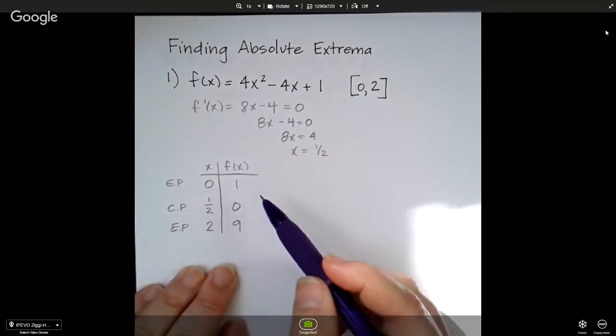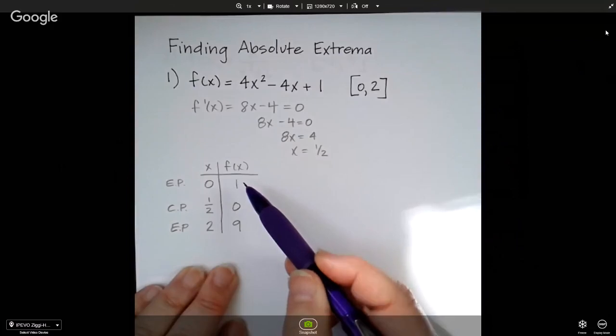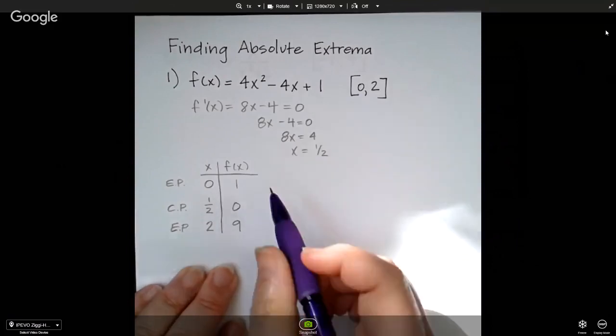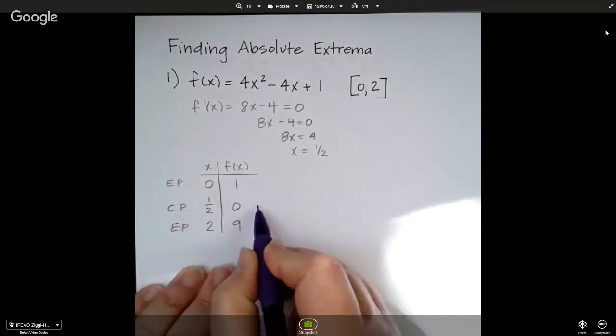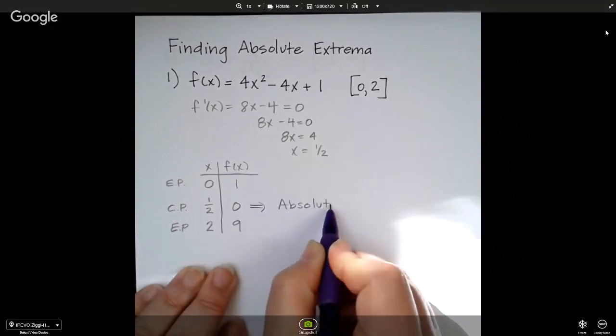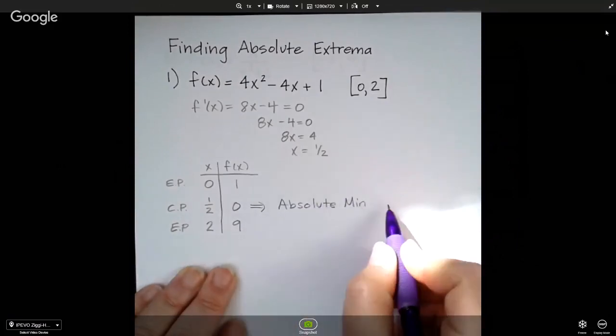So if you were thinking about it, what's happening to this function between 1 and 0? Well, it's going down, right? The value is decreasing. So this is going to be the absolute minimum because it's the lowest y value on our list.